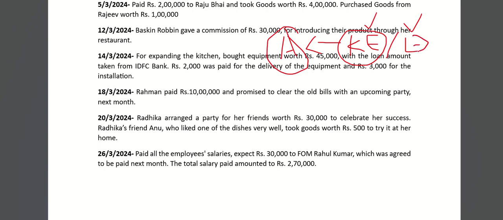The loan we have taken, since we have the obligation to make repayment one day, is a liability of the business. So remember, dear, through this transaction, our asset has increased and our liability has increased. When asset increases, what should we give? We know we should give debit. So the journal entry would begin with kitchen equipment debited to.